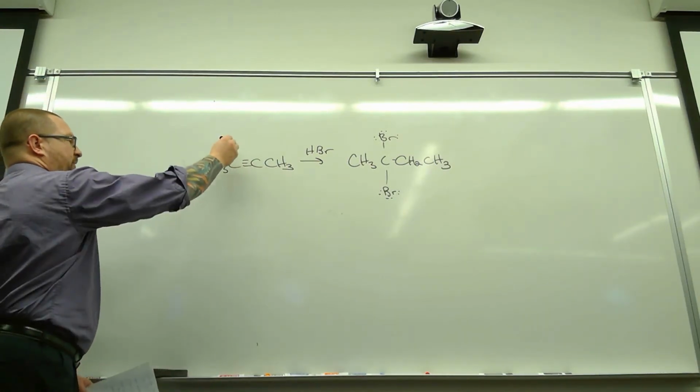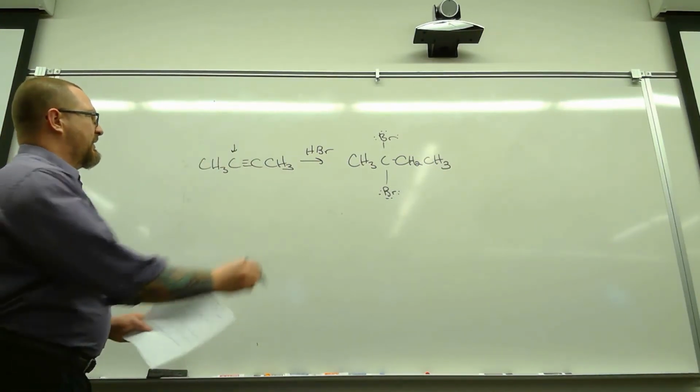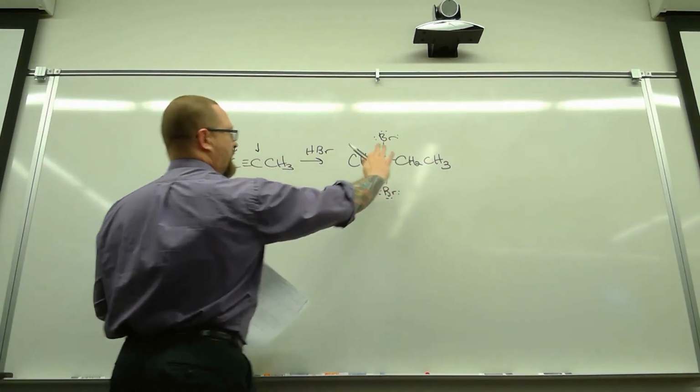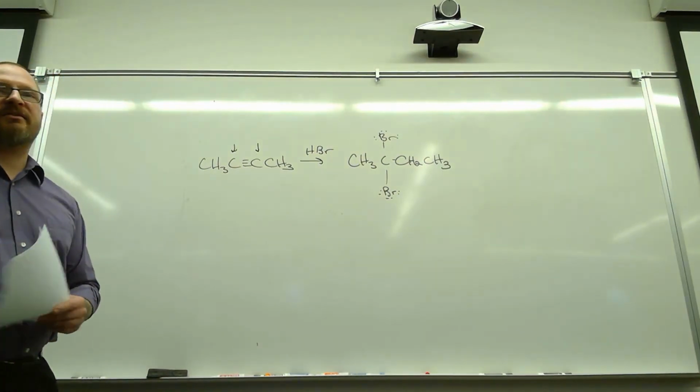Because if we tap this one first, it's going to get the second one. If we get this one first, this will get the second one, but they're going to be the same product because it's not a chiral center.